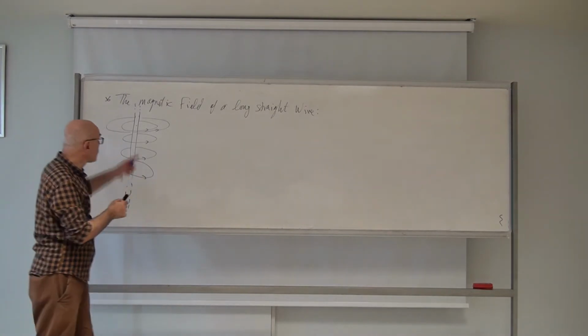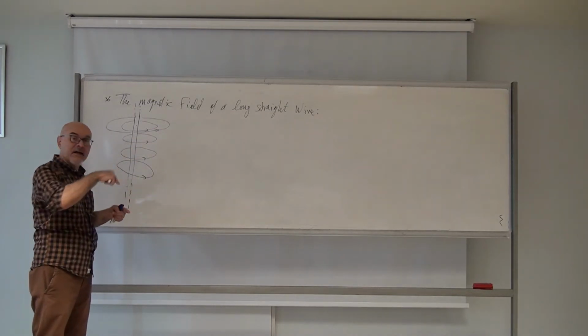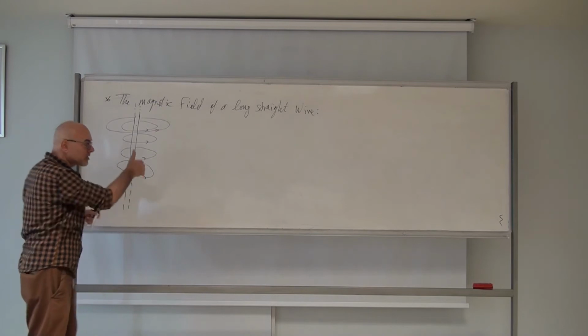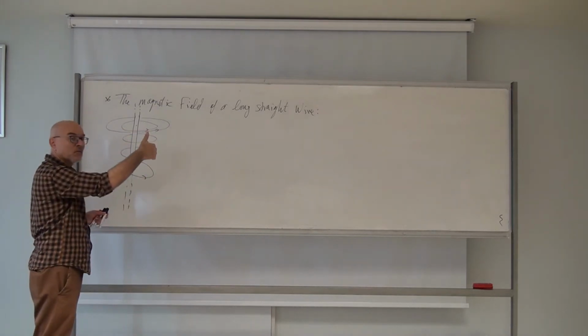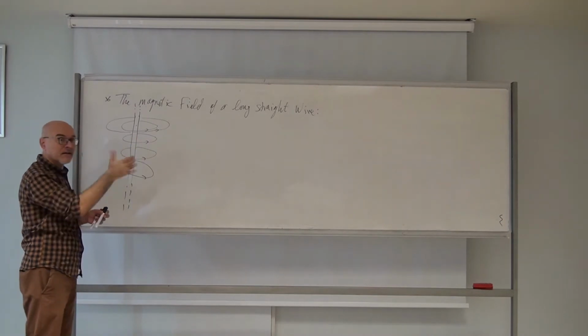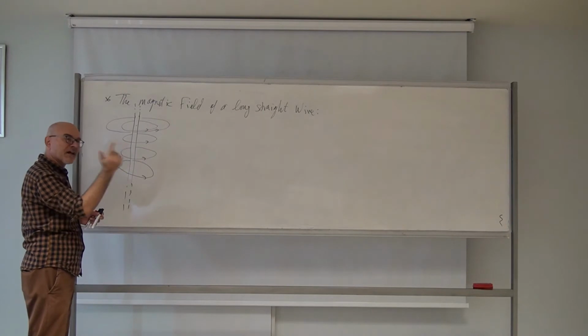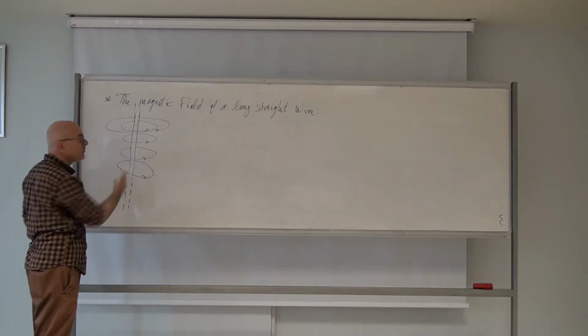And we know also the direction of the arrows on the magnetic field lines, which is given by the right-hand rule. We let our thumb go along the direction of the current, and our right-hand fingers will curl in the direction of the arrows on the magnetic field lines.